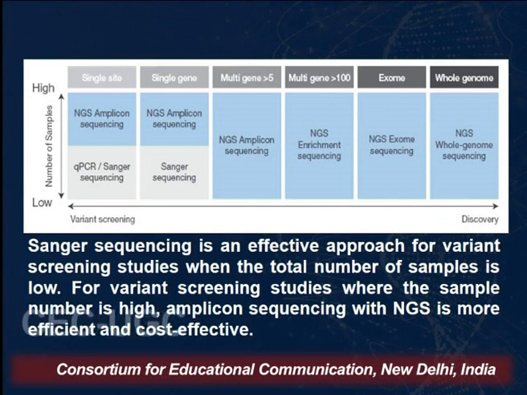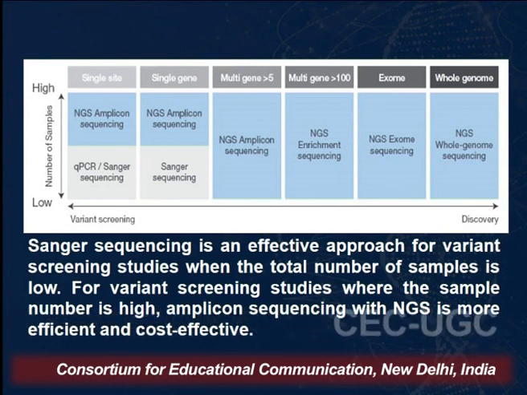Now, the next generation sequencing method again depends upon how much DNA you want to be produced. As you go towards the right, we are dealing not just with amplicon sequencing, but with enrichment sequencing. Enrichment sequencing is when you enrich a particular kind of fragments that you want to sequence, or any functionally related genes, you enrich those clusters and then sequence them.